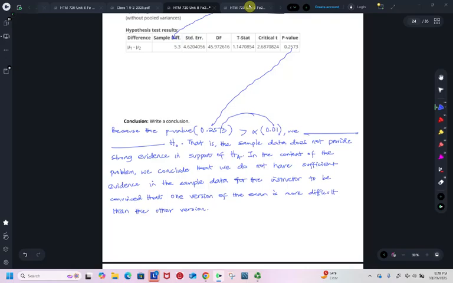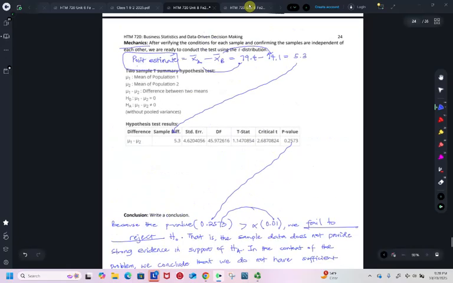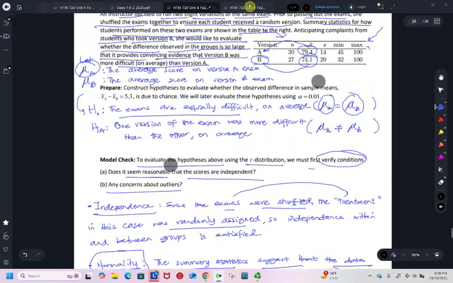So when that happens, we fail to reject the null hypothesis. What does failing to reject the null hypothesis mean? It means that the null hypothesis won the battle, and we do not have sufficient evidence for the research or test hypothesis, which is the alternative hypothesis.